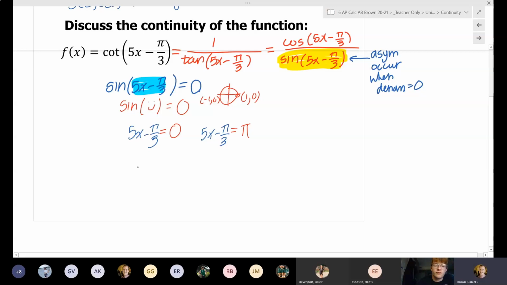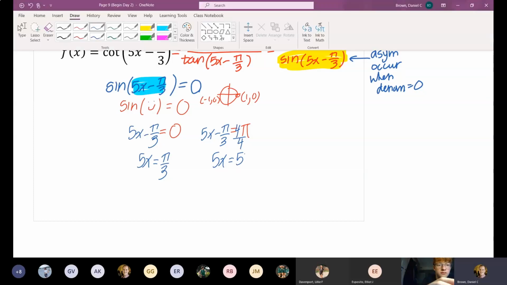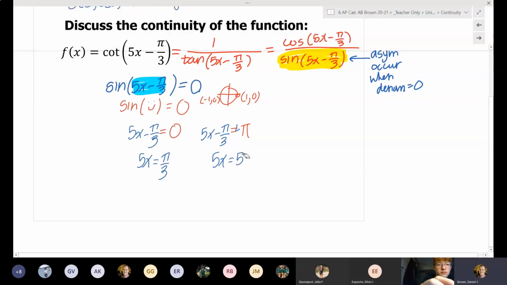Like the first one, I can go ahead and add the pi over 3. Second one, I can also go ahead and add the pi over 3. I'm going to think of that as a common denominator. Let me try that again. Get my common denominator of 3 pi over 3. Here's where the 4 comes into play.